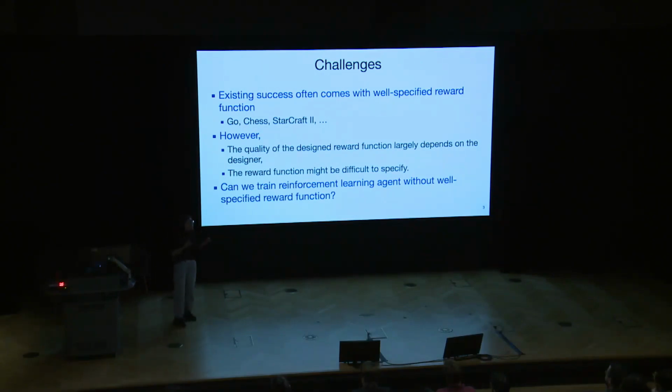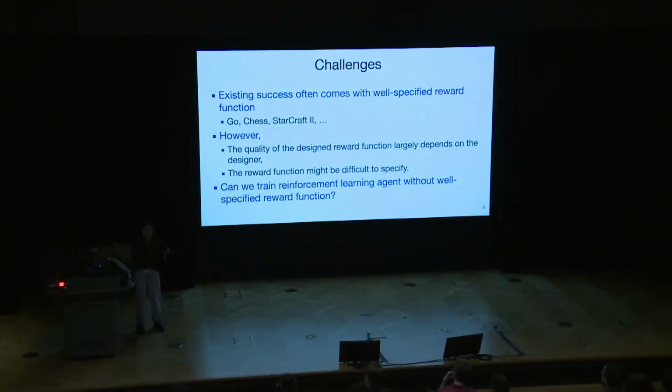For many of these cases, on the one hand, the quality of the reward function is highly dependent on the game designer's understanding of the task. If the designers understand the task better, they could design better reward functions that represent what the agent needs to do to achieve higher rewards.